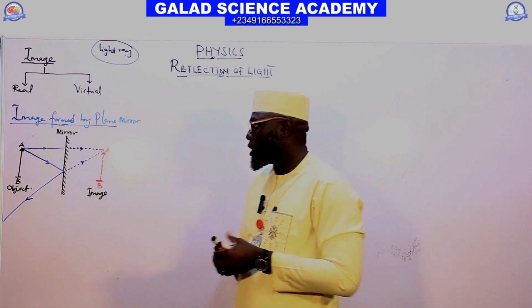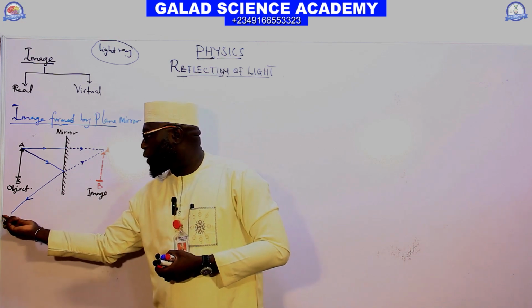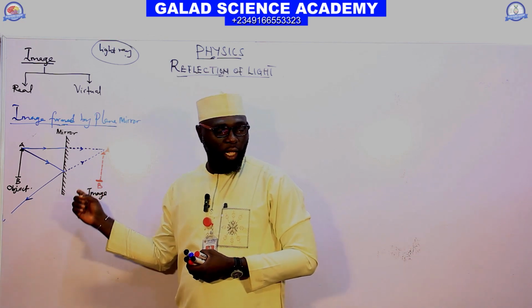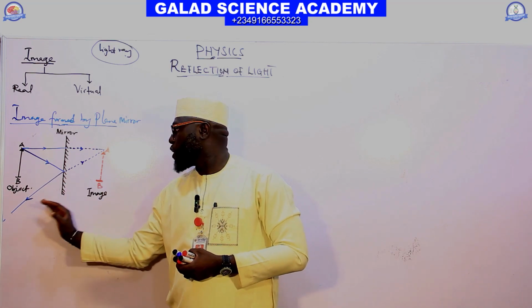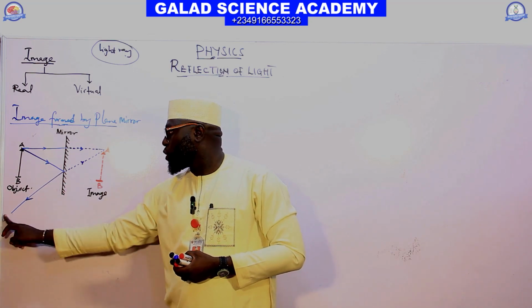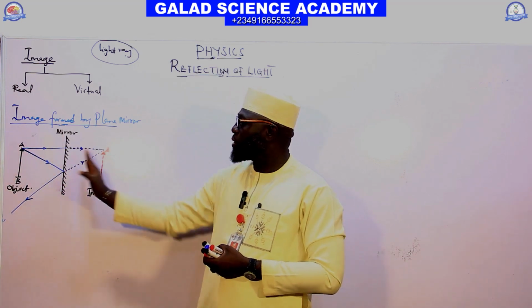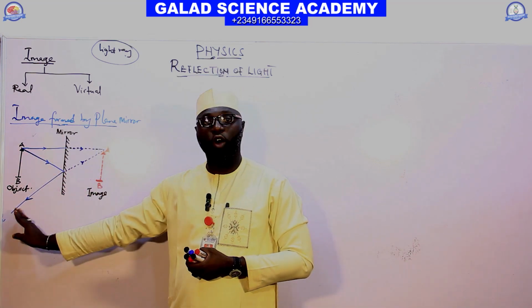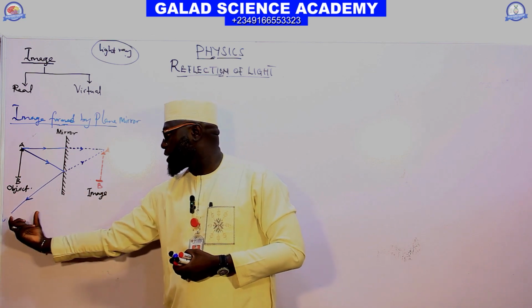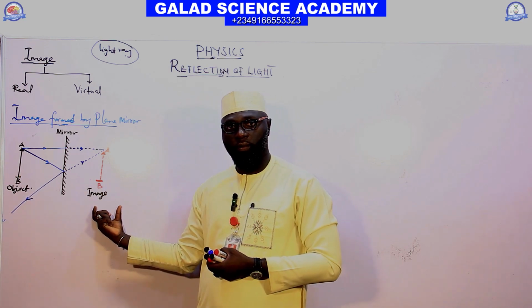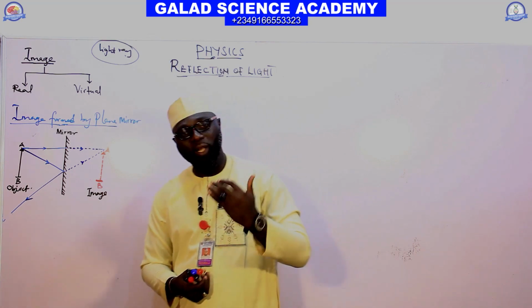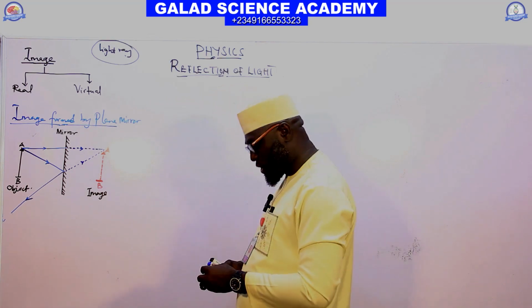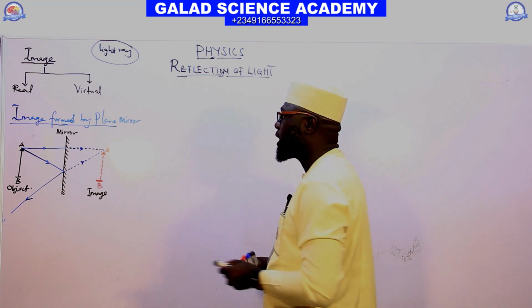So if you put an object in front of the mirror, expect this kind of image to form. This is how image forms in front of the mirror. This is the object, this is what we call the image. And the next thing is, let us look at the properties of image formed in plane mirror.